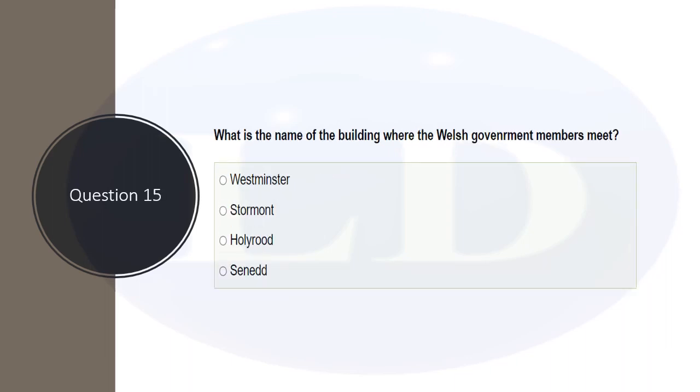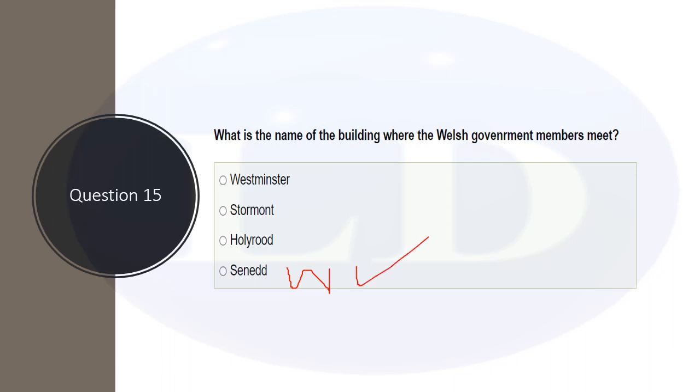What is the name of the building where the Welsh government members meet? This is a very important question because all of these places represent their respective governments, or the center of the government. Westminster is the British Parliament, Stormont is Northern Ireland's Assembly, Holyrood is the Scottish Parliament, and the Senedd is the Welsh Assembly.